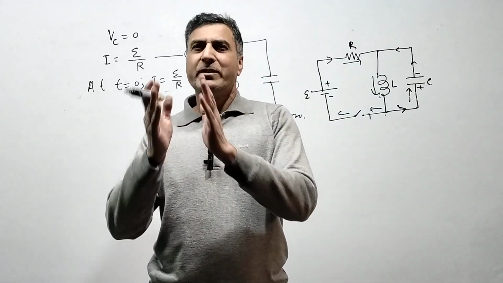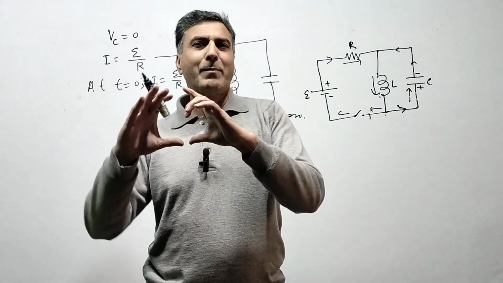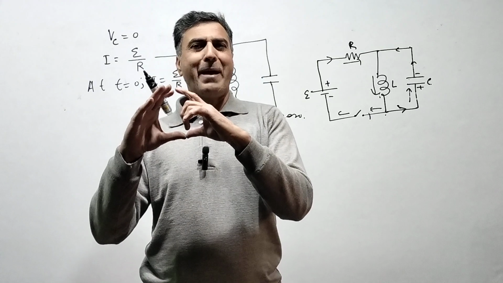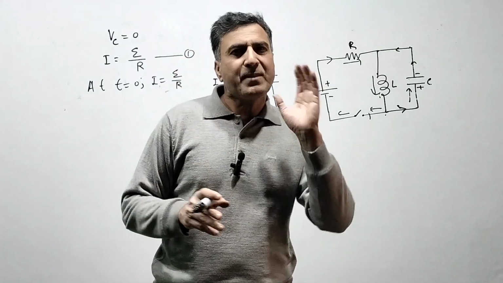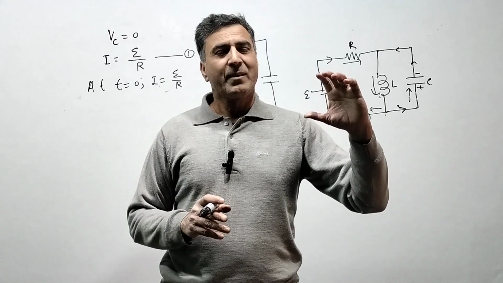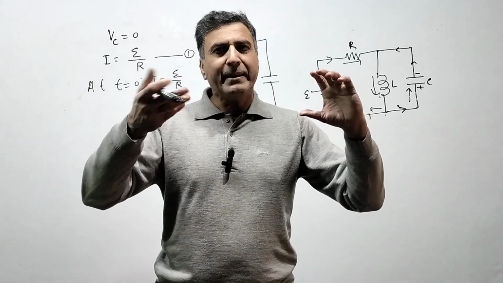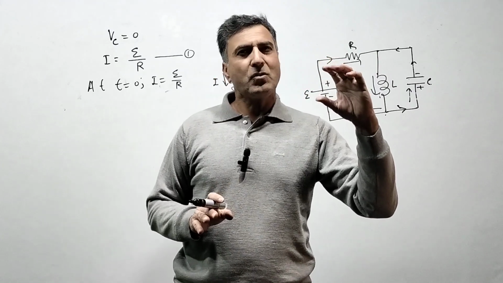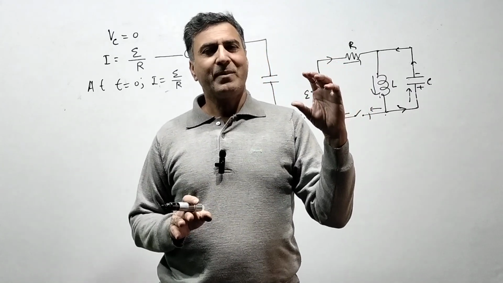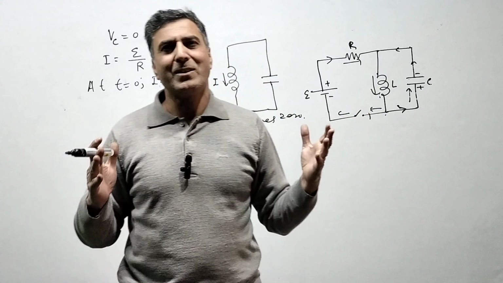Initially, the energy was stored in the inductor in the form of current, or in the form of magnetic field. But finally, when the current decays and the capacitor becomes fully charged, the magnetic energy goes, but it is now stored as the electrostatic energy in the capacitor. That's all. So it's the energy conservation.